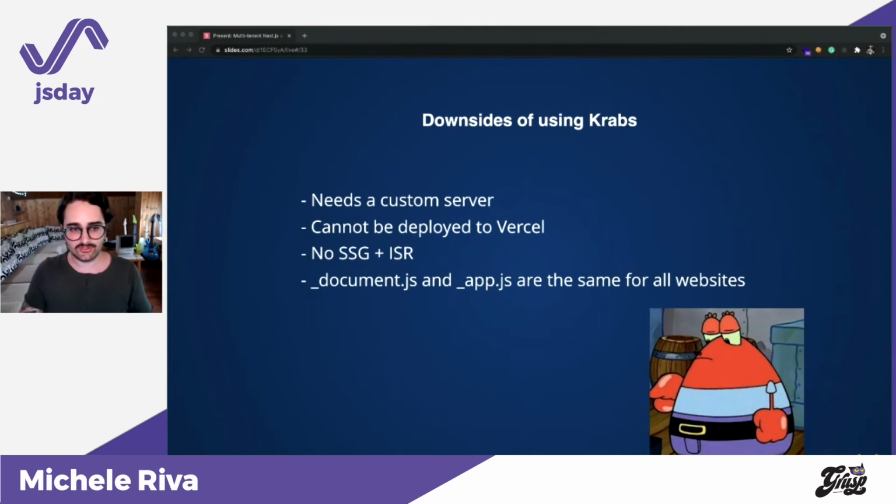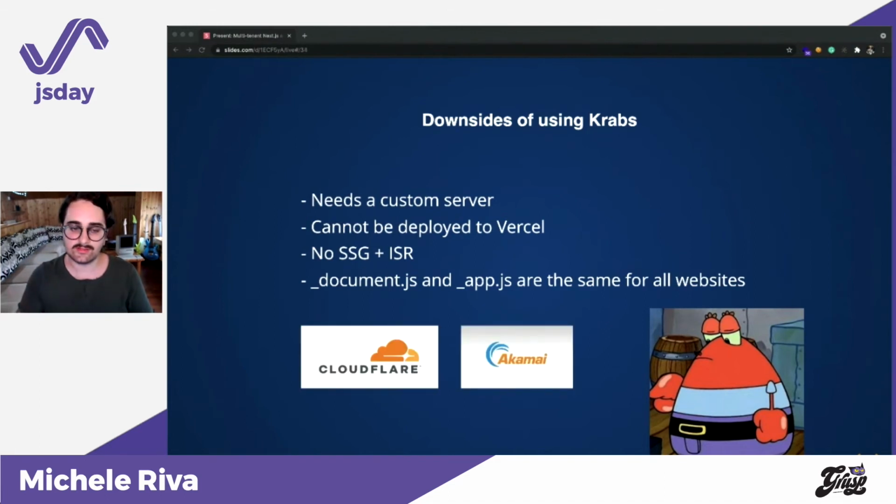But for static site generation and incremental static regeneration, which are killer features of Next.js, I have some suggestions. You can use CDNs. You can use Cloudflare, Akamai, or Fastly, or whatever you want, for caching every single page that you'd like to.